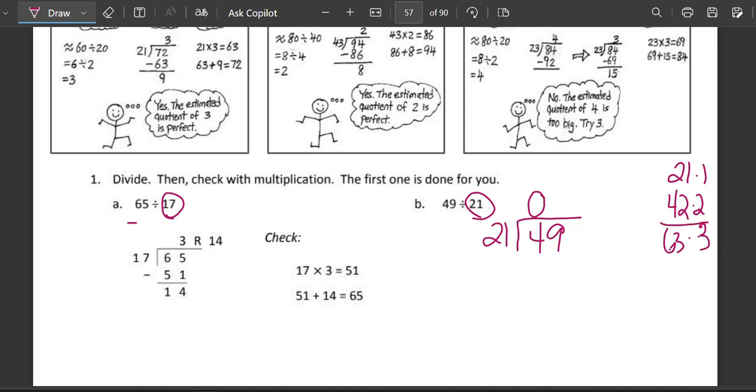It's going to be 2, and 42. We're going to subtract this. We're going to end up with 7.